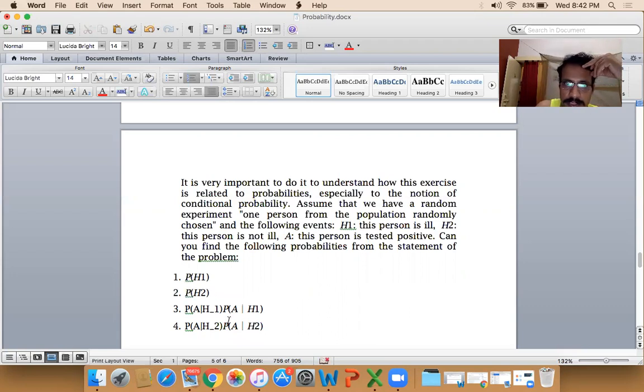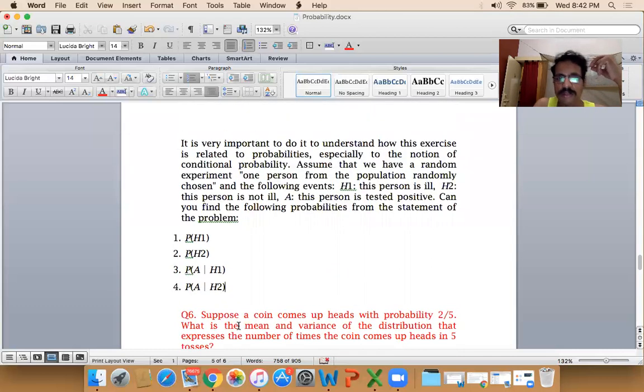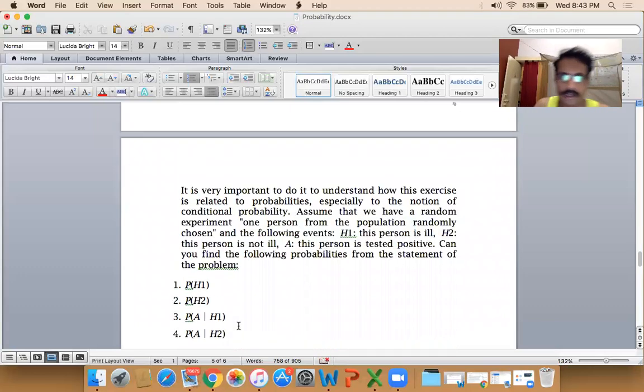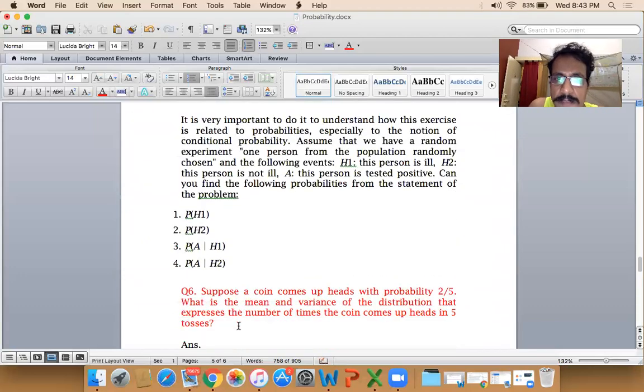Then you want to find out the probability, given that the person is sick, that he is tested positive, and the probability that the given person is healthy and he is tested positive, right? You can find all of them with the similar analogy that we have done here.